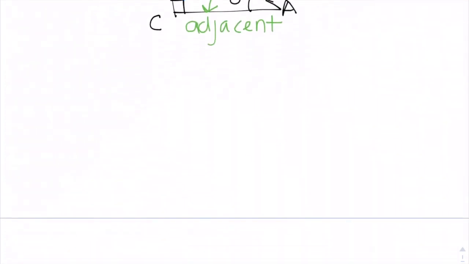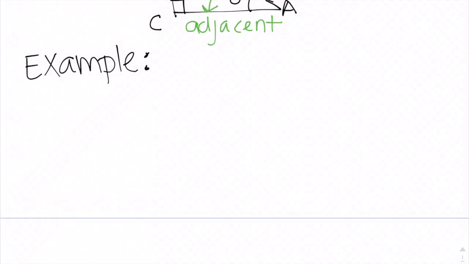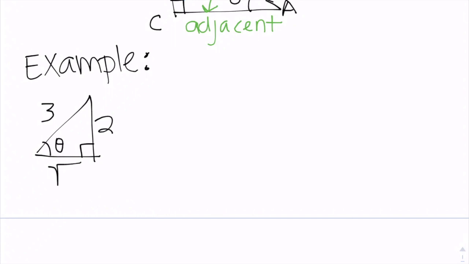So if we go on and do an example, where we're given this triangle, we want to find all 6 trig functions for this triangle.